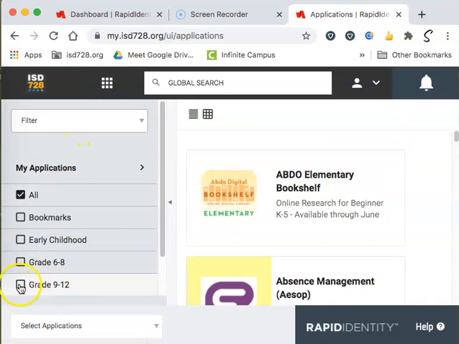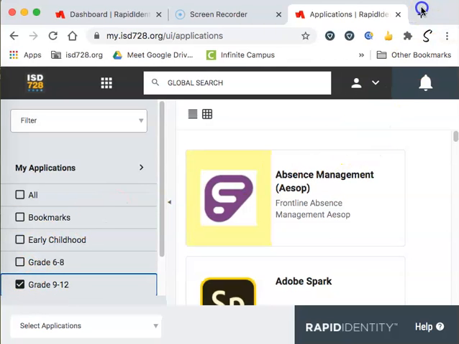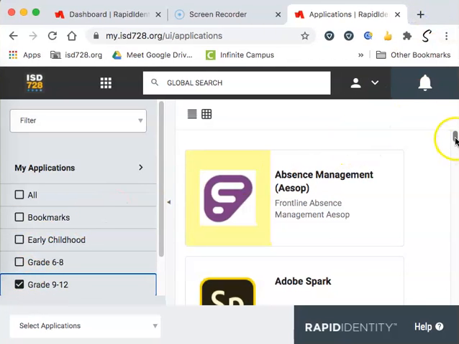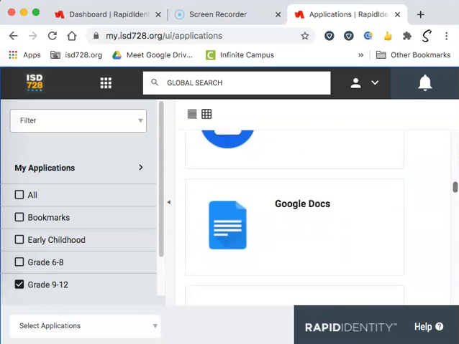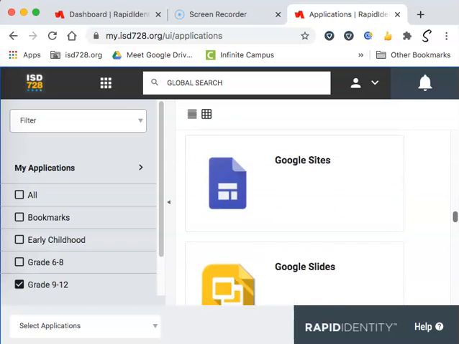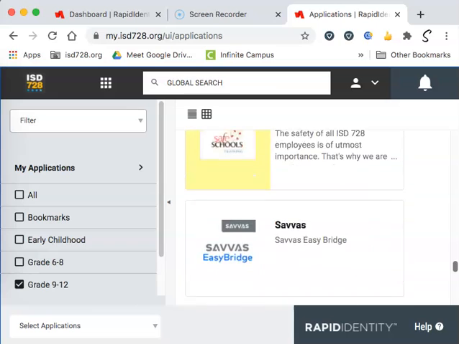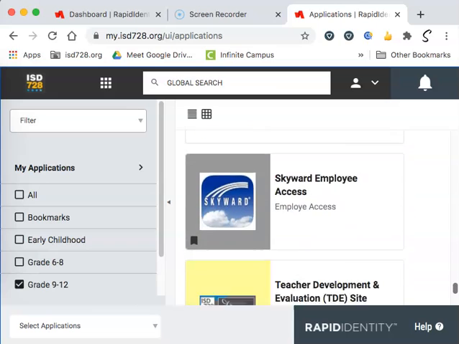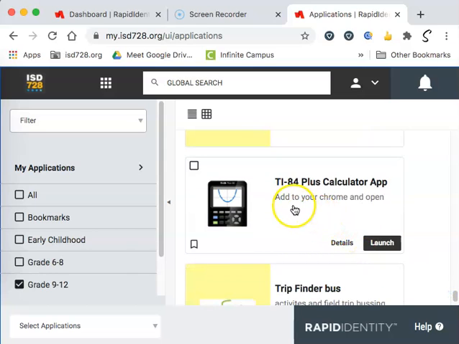And then if you just hit grades 9 through 12, you'll be able to scroll over till you get to the T's. And there it is, TI-84 Plus Calculator app.